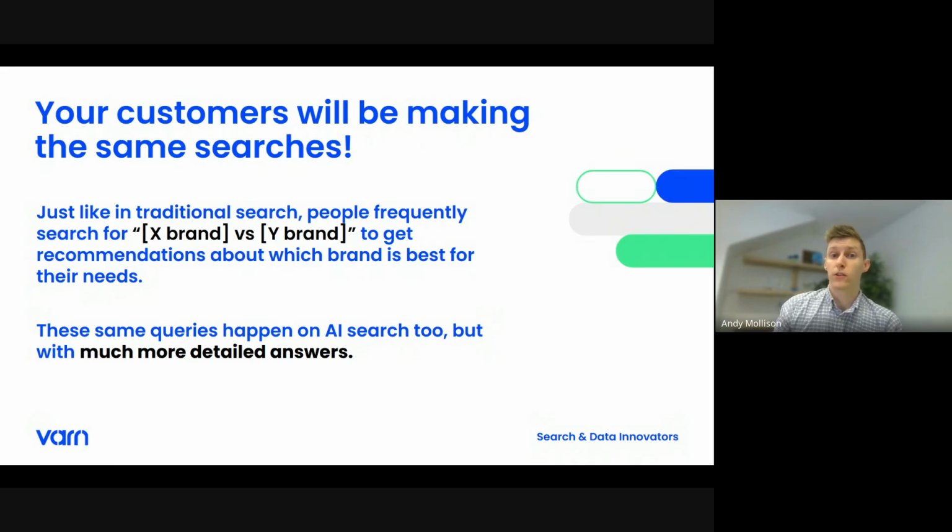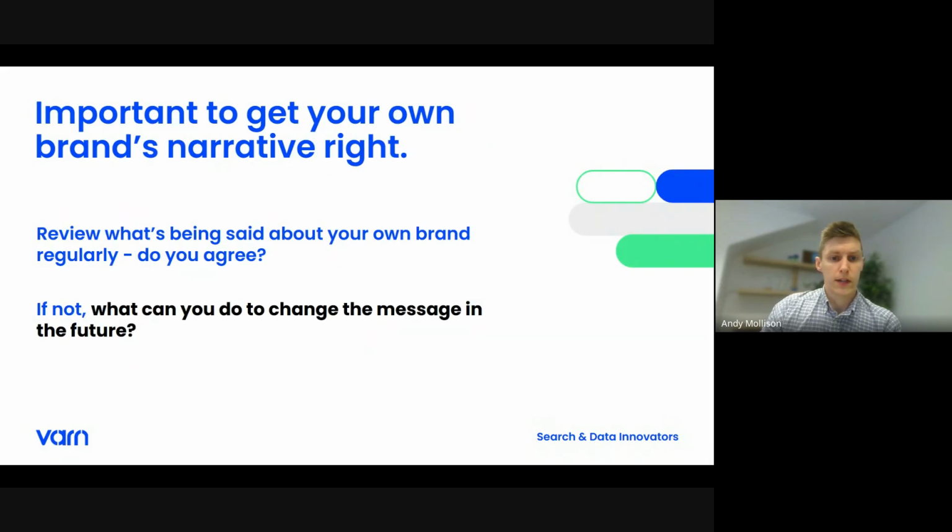And if you don't like the cons of your brand, where is that information coming from? Is it true? Do you need to change that narrative? Or if it's not true, do you need to talk to somebody about changing an article or putting out a different perception, or working with somebody externally to change that narrative? So yeah, it's important to get your own narrative right. And if you don't like it, then what can you do to change it?